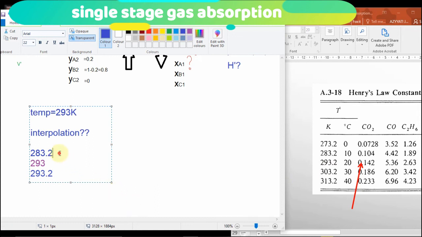For the component CO2, the value for 283.2 is 0.104, and the value for 293.2 is 0.142.